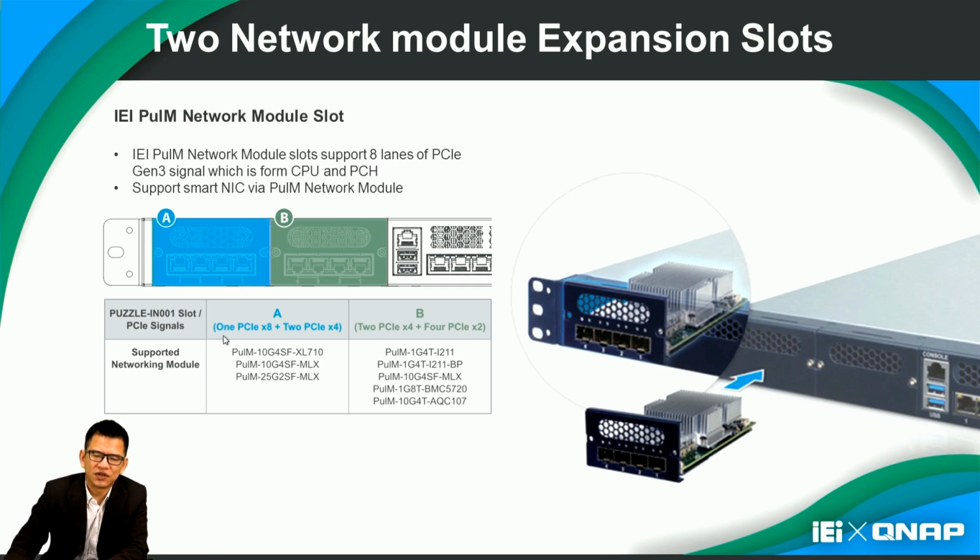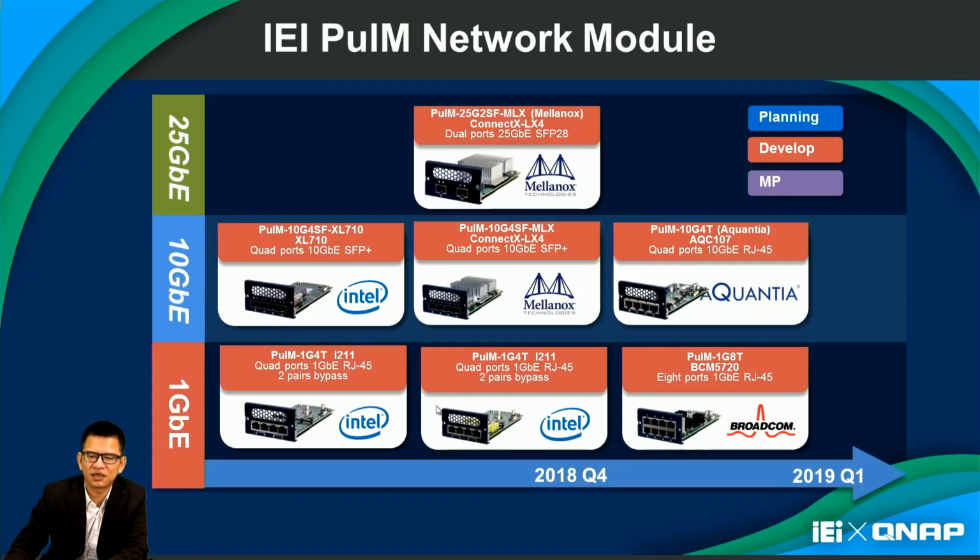In this slide you can see for slot A, we have 3 network module cards here, from Mellanox and Intel. For the B slot we can support Intel, Broadcom, or Aquantia network module cards. This slide shows our IEI PulM network modules. We can support 25G, 10G, and 1G.